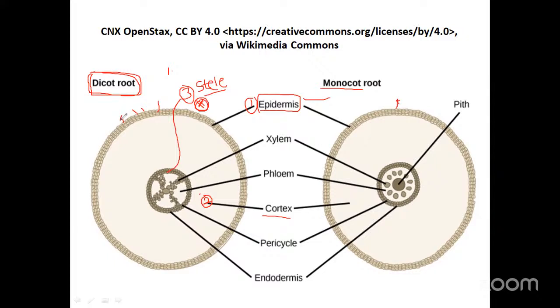The remaining layers you see here all belong to the cortex. The cortex is made up of thin-walled cells with no chloroplast but may contain leucoplast, the white colorless plastids.